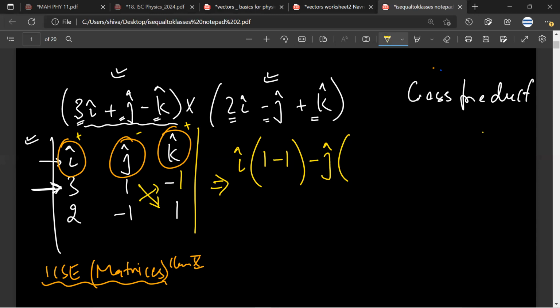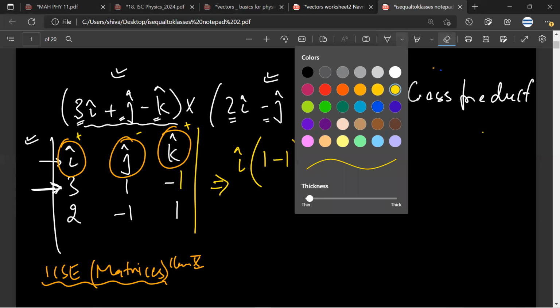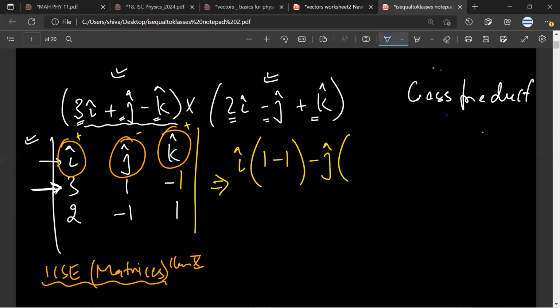Okay, so let us go to the j. When I'm dealing with j, what I need to do is let me remove this and use another color. So this is minus j. So j: 3 into 1, 3, and 2 into minus 1 is minus 2, but I am going up, so it is plus 2.